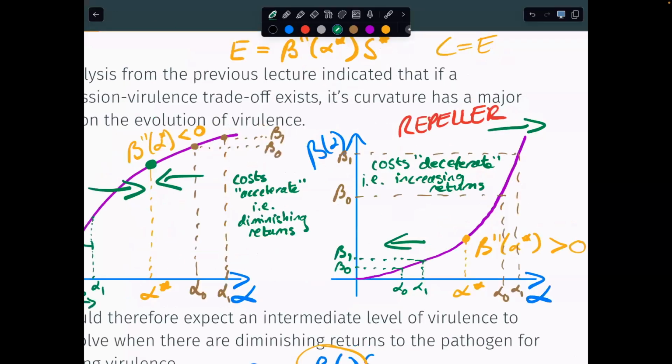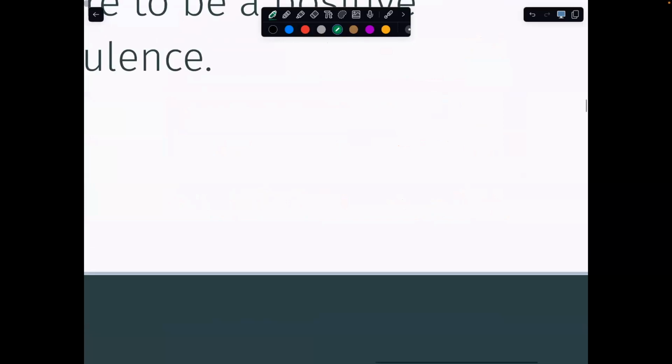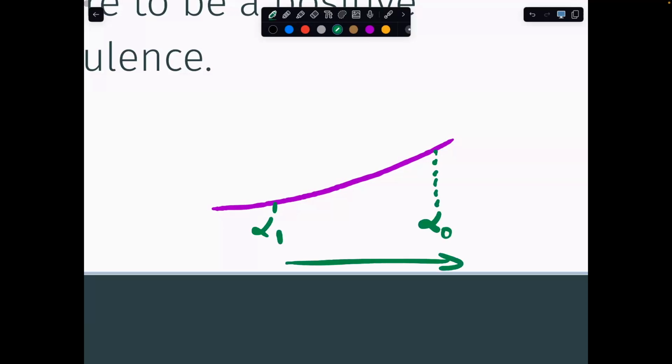I'll tell you what, let me do it on this slide here. Suppose I take a really extreme example. Suppose my curvature looks something like this, a very shallow but decelerating cost here. I'll flip this around as well. Suppose I start here, alpha naught and alpha 1. So this is a pretty big change in virulence, perhaps, right?